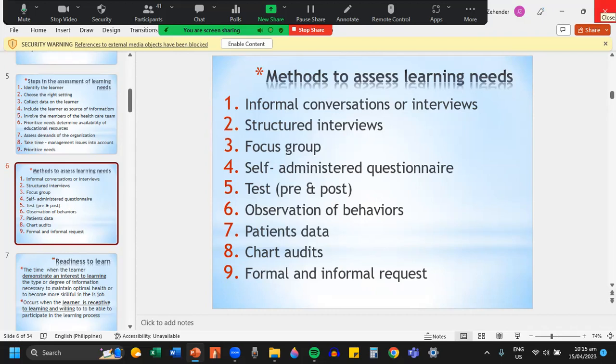Next, we have the self-administered questionnaire. So itong si questionnaire, parang siyang same as the structured interview, but you're going to answer the questionnaire at your own pace.